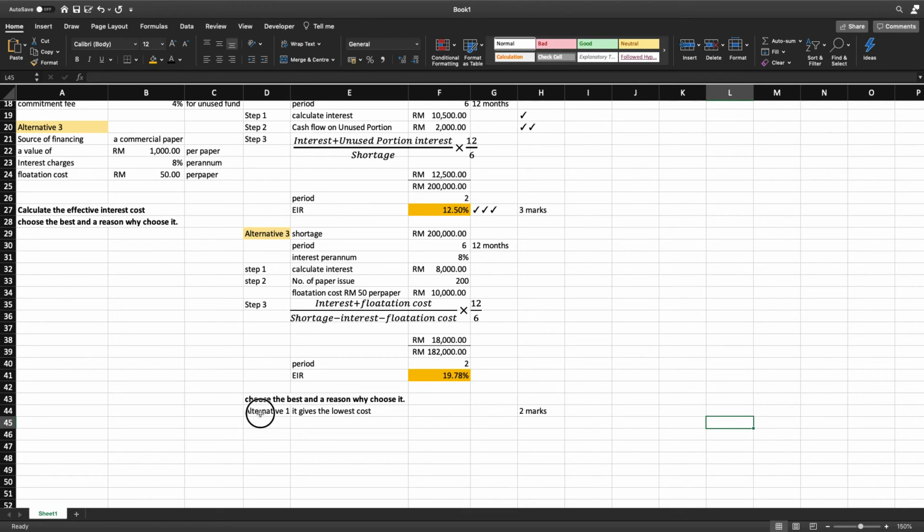I would choose this one because it is 10%, and it will give you a lower cost, because interest is a finance cost for us. One tick for 10%, one tick for the reason, so you will get 2 marks. So easily you will get 10 full marks for this calculation.